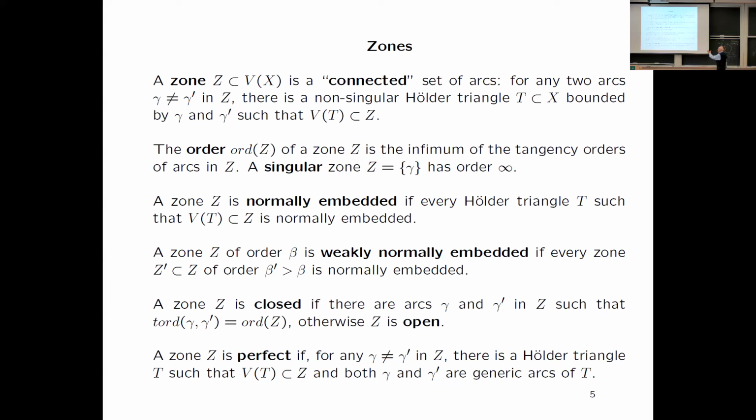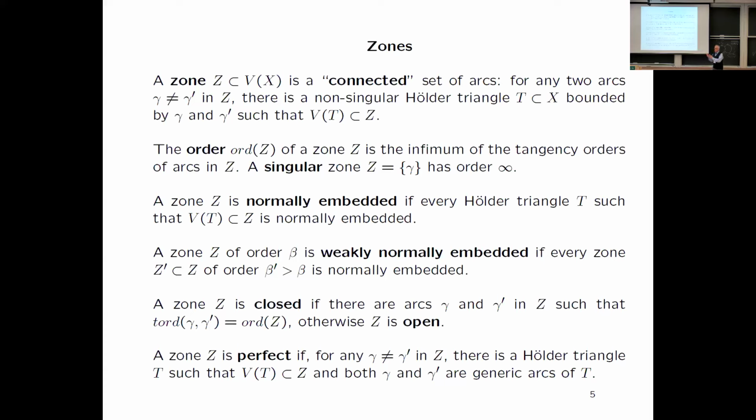And then really good zones are called perfect. A perfect zone is such a zone that if you have any two arcs in this zone, you can find a Hölder triangle such that all arcs in this Hölder triangle belong to our zone. So V of T is the Valette link of T, which means all arcs in T, such that both of our arcs are generic arcs.